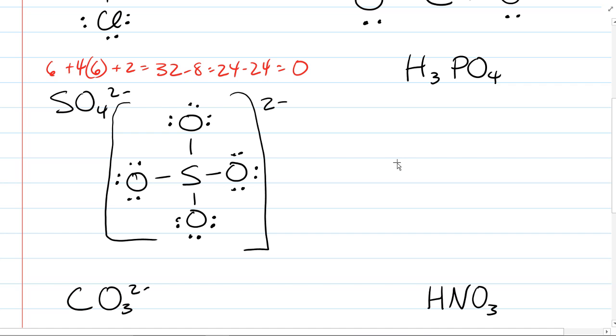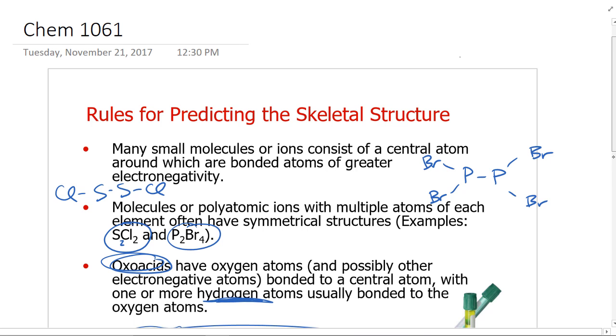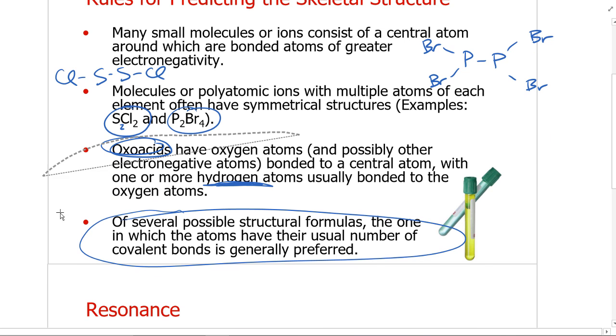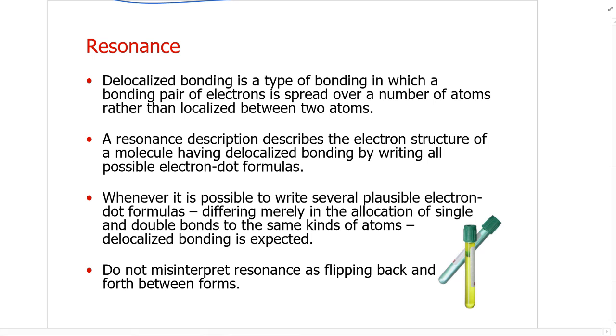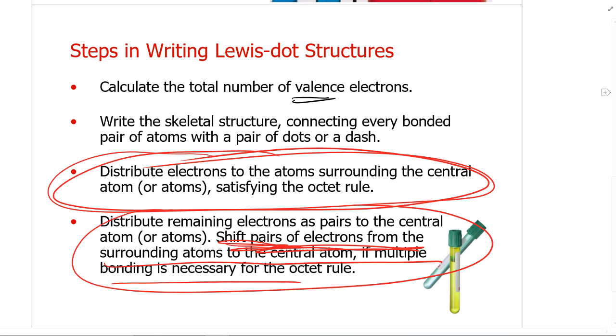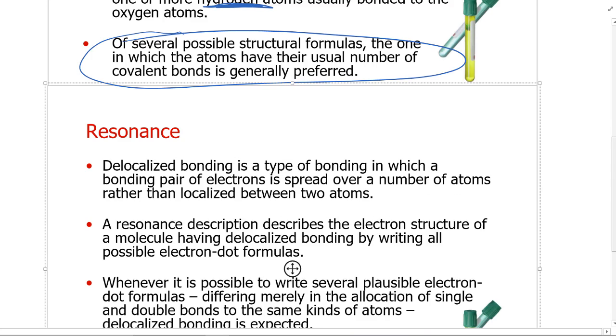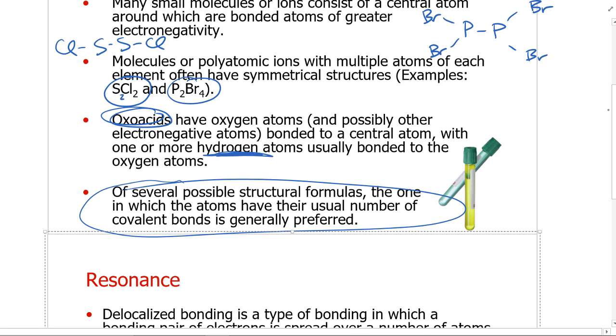Okay, let's do phosphoric acid. Phosphoric acid is one where, when it talks about oxyacids and doing the skeleton structure, it says oxyacids have oxygen atoms bonded to a central atom, and then the hydrogens are bonded to the oxygens themselves.